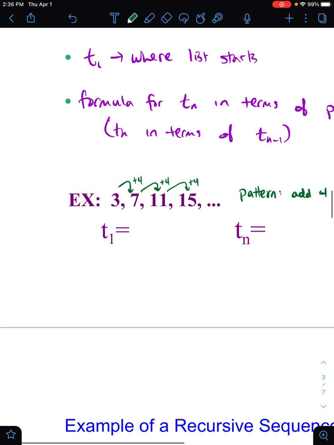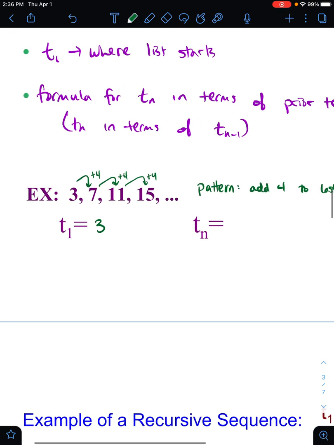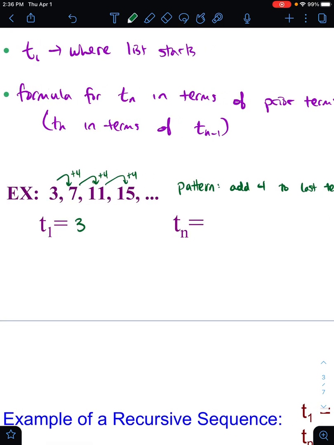All right, and we're going to start at 3. So t sub 1 is 3. And then we're going to say, to get to my next term, I'm just going to take my prior term. So if I want to get to t sub n, I'm going to start with the term right before it, t sub n minus 1, and add 4.